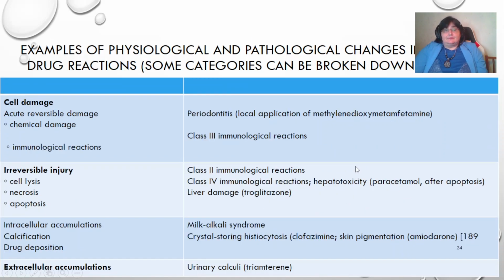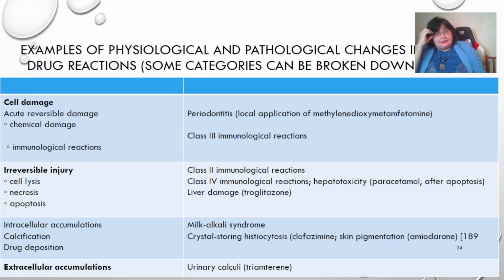Cell damage. Acute reversible damage can be chemical damage, for example periodontitis, local application of methylene dexamethamphetamine; immunological reaction, class 3 immunological reaction. Irreversible injury: cell lysis, class 3 immunological reaction; necrosis, class 4 immunological reaction, hepatotoxicity, paracetamol; and apoptosis, liver damage can be a cause of this reaction, troglitazone.